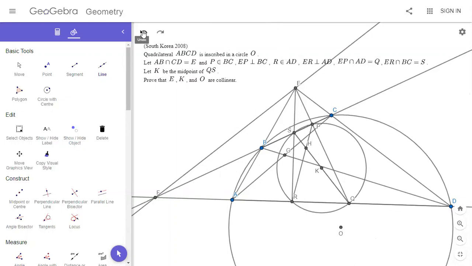So FH is perpendicular to EK. H is the orthocenter of EFK. And then FG is perpendicular to OE. So yeah, if we can show F, G, and H are collinear, that finishes it.